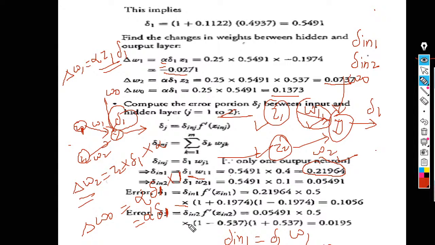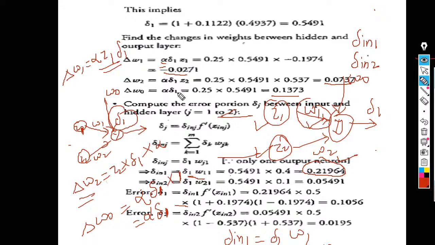Here delta 1 is the output error of Z1. Similarly delta 2 is the output error of Z2, in this backward direction towards the input side. So delta 1 is calculated as delta in 1, that is the net error which is coming to Z1, multiplied by f dash of Z in 1, the way we calculated f dash of Y in.